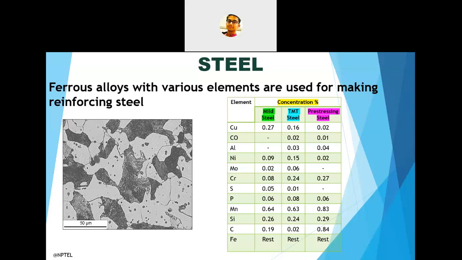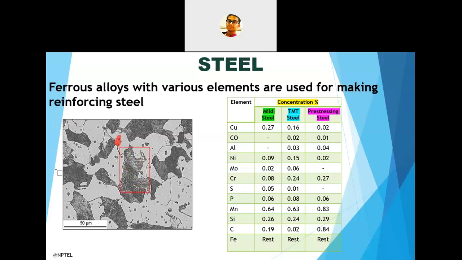If you go to the macrostructure level of steel, in the picture on the left side, you can see that there are n number of materials present. You can see some laminar type of materials here, some laminar type of elements.